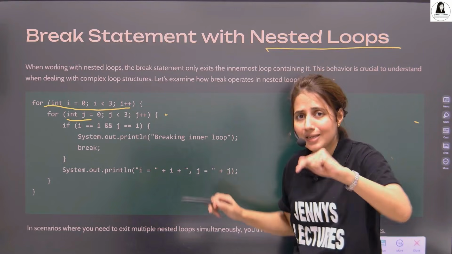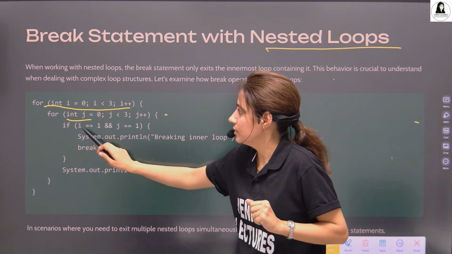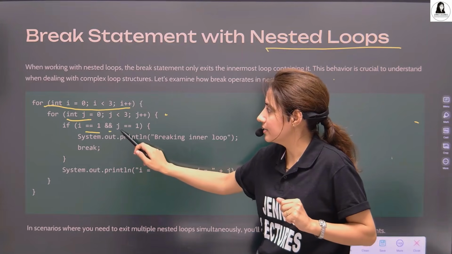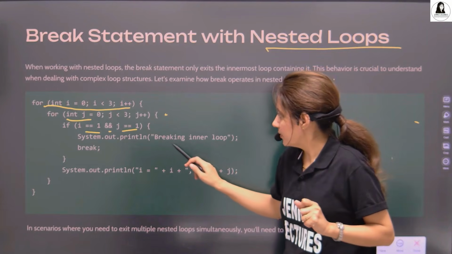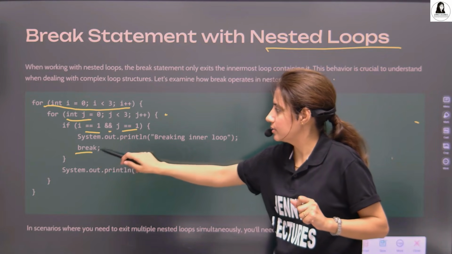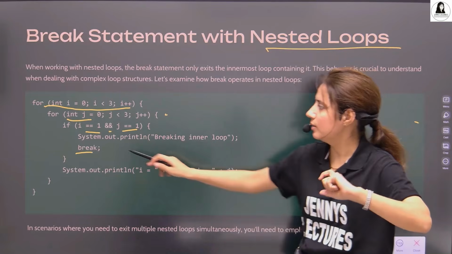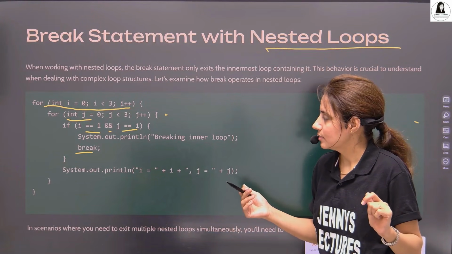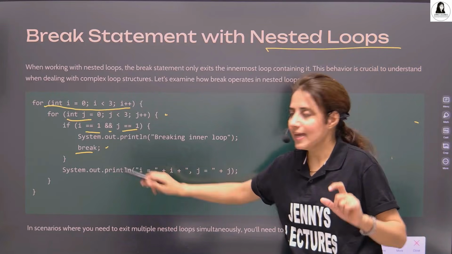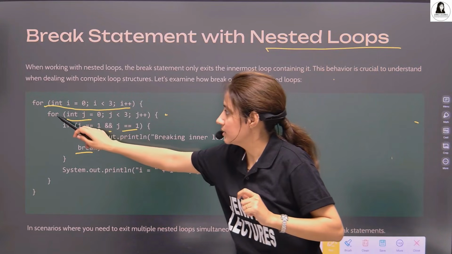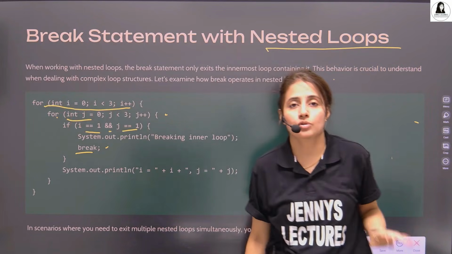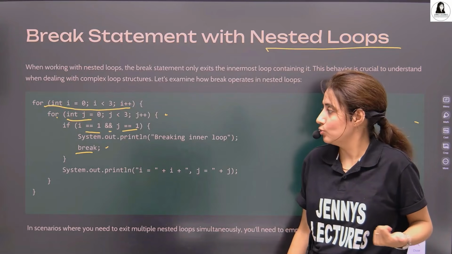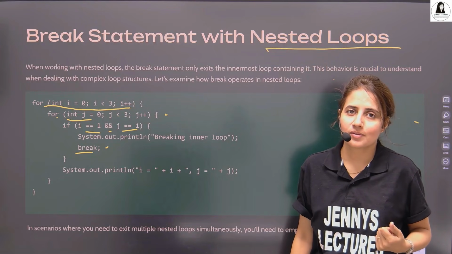Now within this inner loop we have one condition: if i is equal to 1 and j equal to 1, then you have to break. Simply print this line, breaking inner loop, and break. So now the question is, will the control exit from this inner loop or from the completely outer loop? This is the case when you are using break with nested loops.